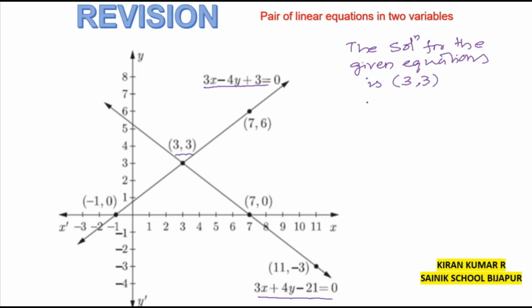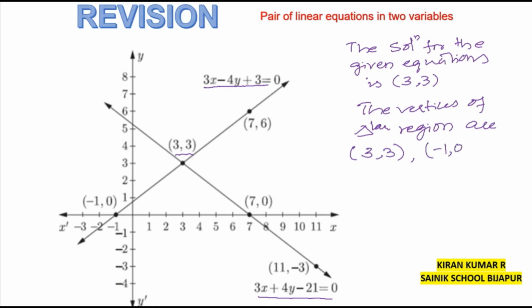So the vertices of the triangular region so formed are 3 comma 3, minus 1 comma 0 and 7 comma 0. Now we need to find the area of this triangular region.